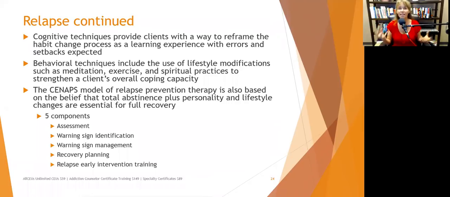So they identify their warning signs, they identify how to manage them, they create this great plan for a recovery lifestyle, but then they also have an emergency plan for intervening early if they see that they're starting to head down a bad path.